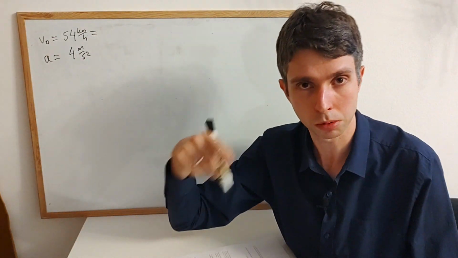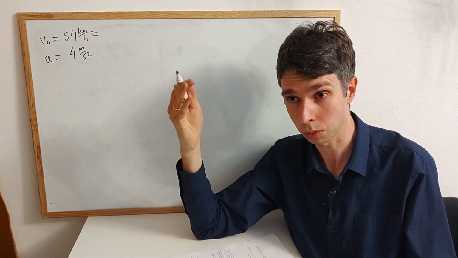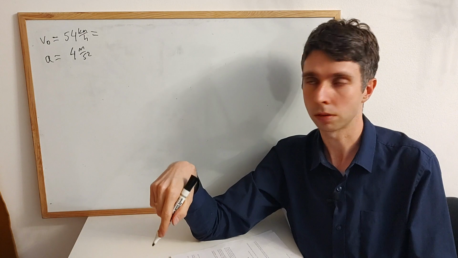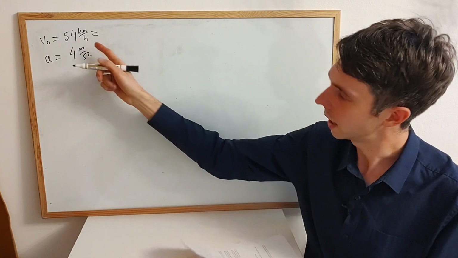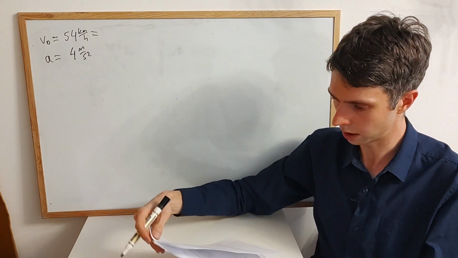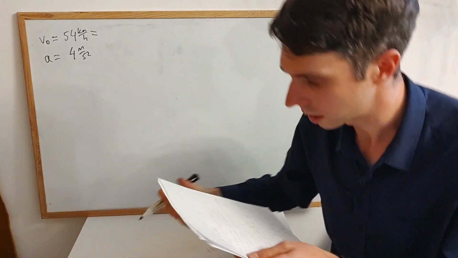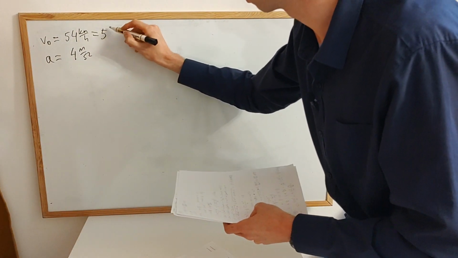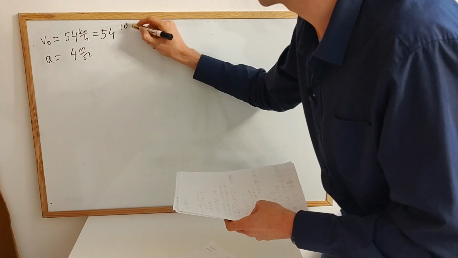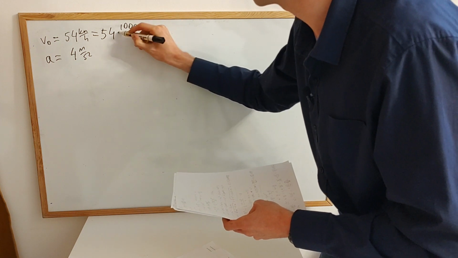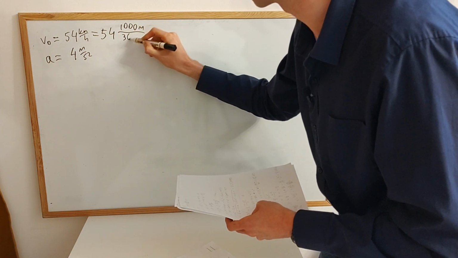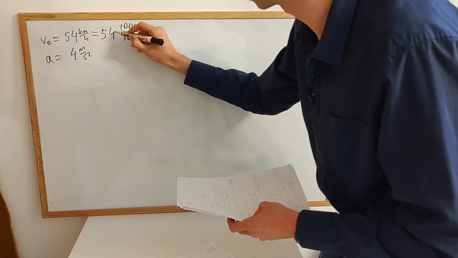You can check how to convert speed units and why like this in one of my previous videos. So I will here only briefly do this. It's 54 kilometers, a kilometer is 1,000 meters, an hour is 3,600 seconds.